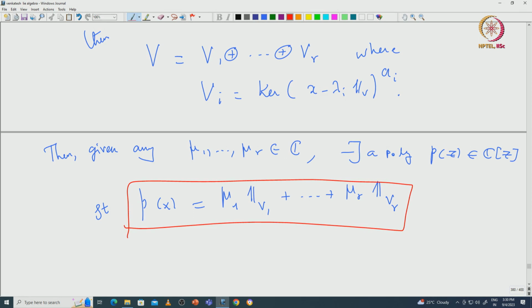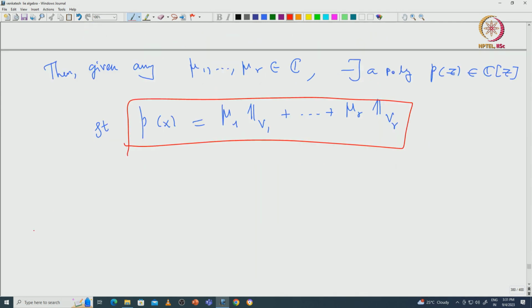But now we are saying it does not matter which diagonalizable operator you take, you will be able to write it as a polynomial in x. So it is a very strong statement. Again, this just follows from the Chinese remainder theorem, nothing else. You can use the previous proof to prove the same thing. So let us prove this because this is a very important statement that we made.